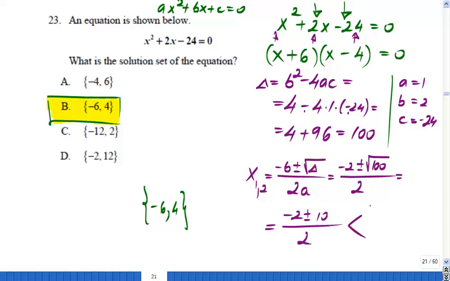That's 10 over 2, and you have your two roots. First one, negative 2 minus 10 over 2, which is negative 12 over 2, which is negative 6, or you have negative 2 plus 10 over 2, which is 8 over 2, and that equals 4, okay? And this is how you got your two roots using the quadratic formula.